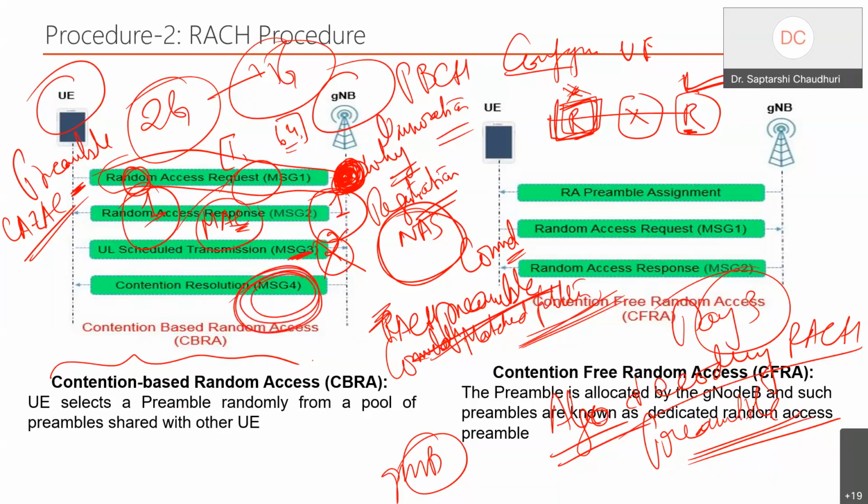So at this point of time, the base station really knows that he is a genuine user who wants to access the RACH. Before that, it can be anywhere. A rogue mobile also can jam a base station.